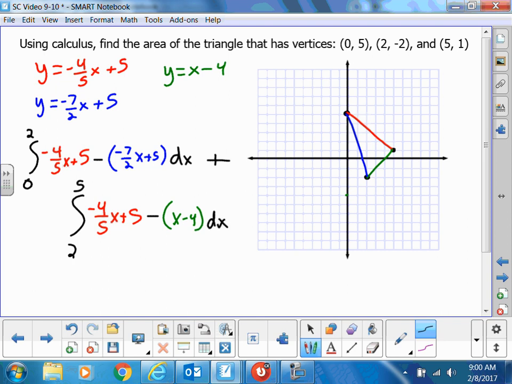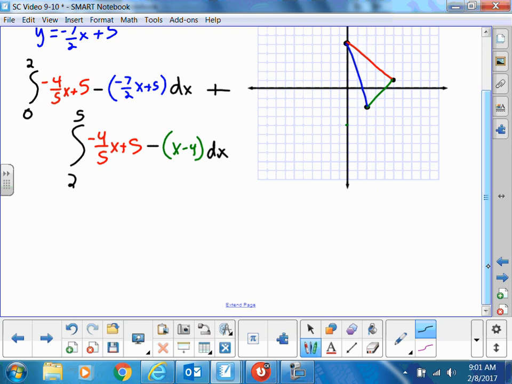So the colors help you see the setup there. From 0 to 2, we're doing the red minus the blue, and from 2 to 5, we're doing the red minus the green. Well, we're just going to do some neatening up now.